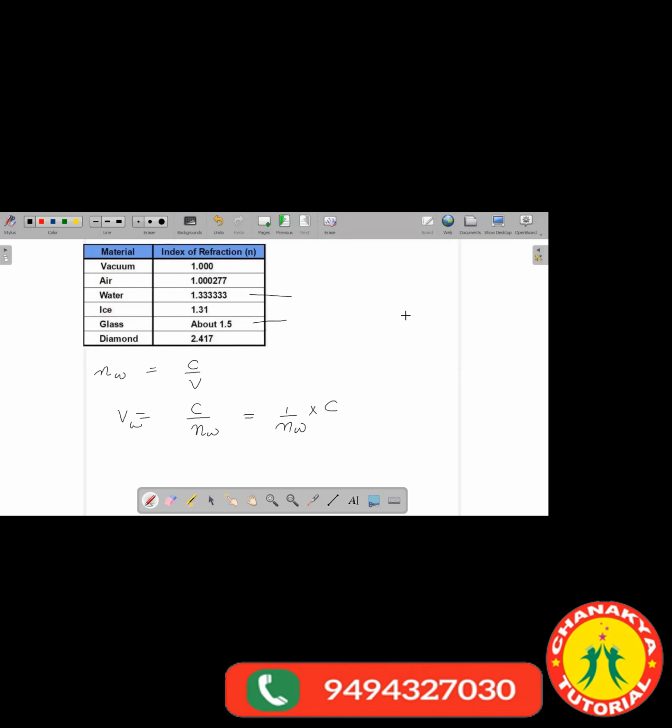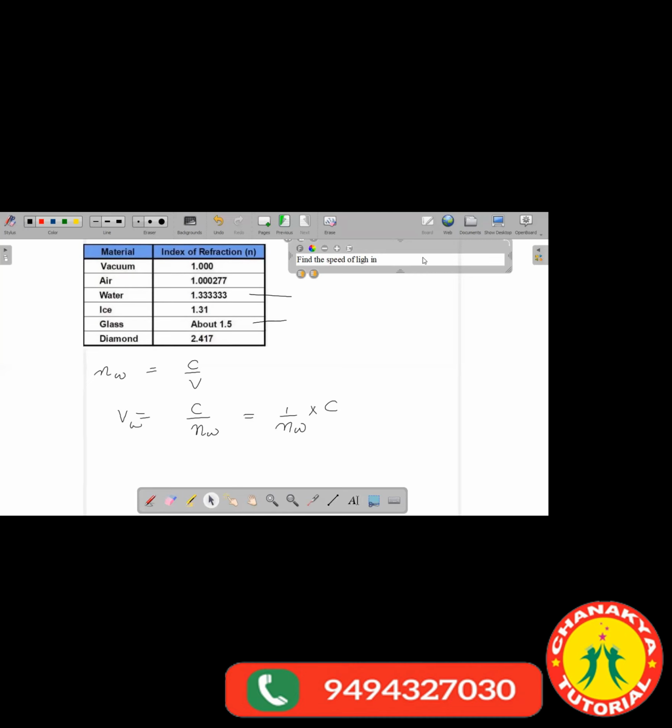So let's do one question here. Try to do this one question. C is the speed of light in vacuum, which is 3 times 10 to the power 8. V is the speed of light in the medium.